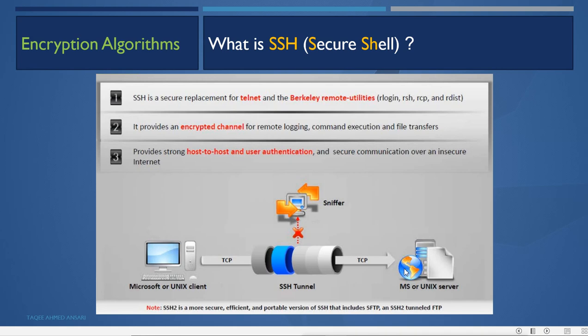SSH2 is a more secure, efficient, and portable version of SSH that includes SFTP and SSH2 tunneled FTP. That means we now have SSH2, which also includes SFTP. SFTP is used to connect to an FTP server securely, because the FTP server is not secure by default.